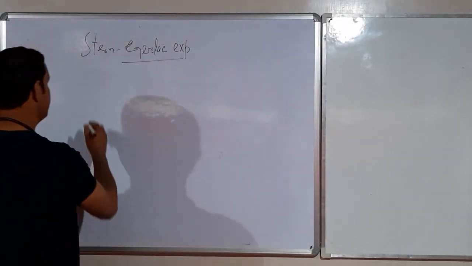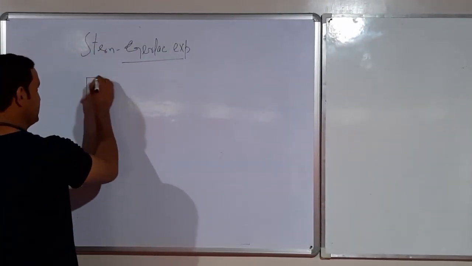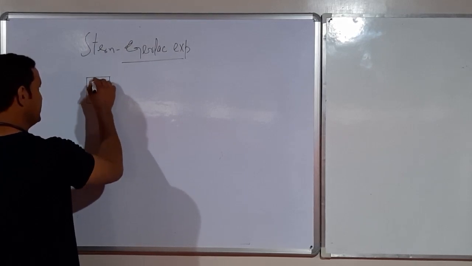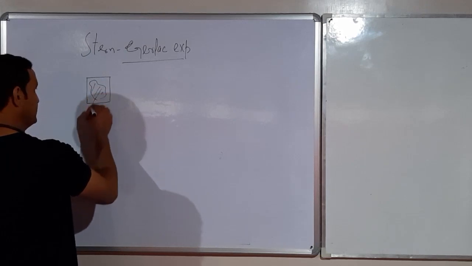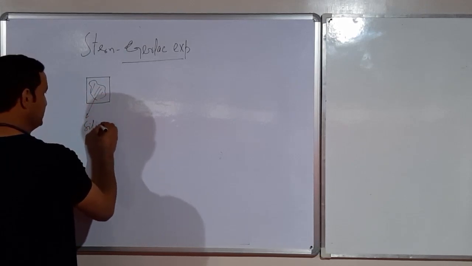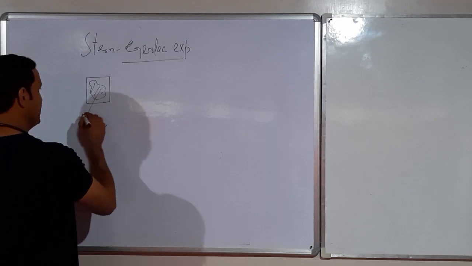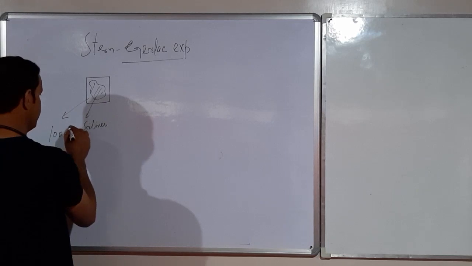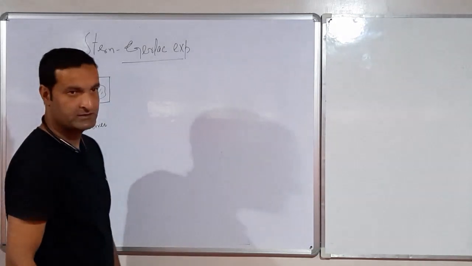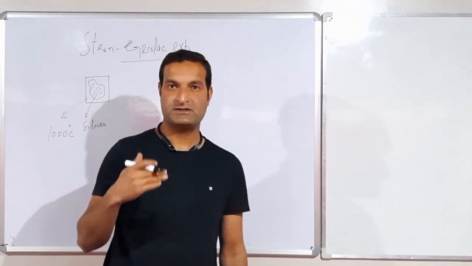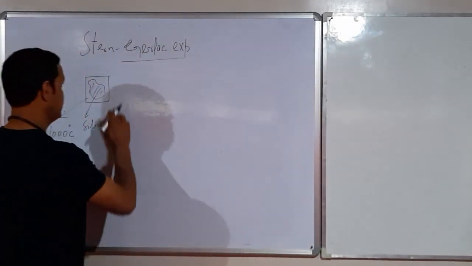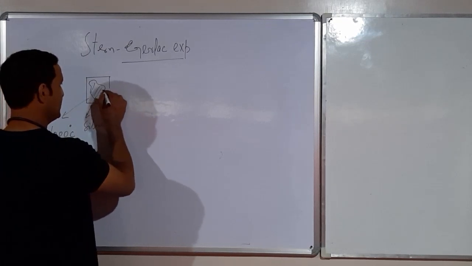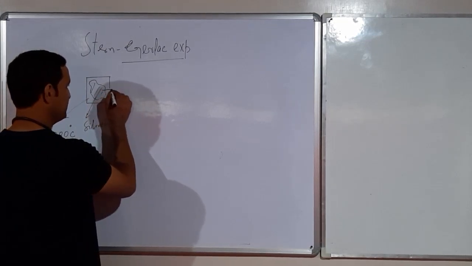In this experiment they take an oven which is coated inside with silver, and it is at a very high temperature, that is 1000 degrees. At this high temperature, silver is in a vaporized state. Here there is a small hole, and the silver atoms can pass through it, that is the silver beam of atoms.